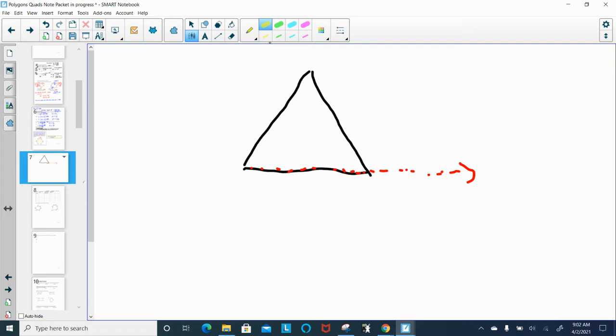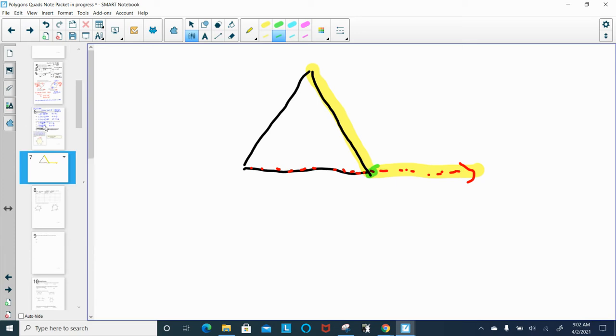This is what it really looks like. That's what the angle really looks like. So the vertex of that angle is right here. And in this particular drawing, that angle looks obtuse. It looks like it's bigger than 90, but that doesn't mean that all exterior angles are going to be that way. I just drew a very simple example.